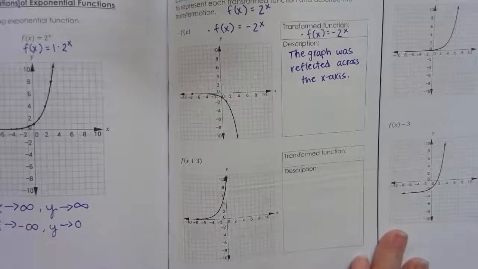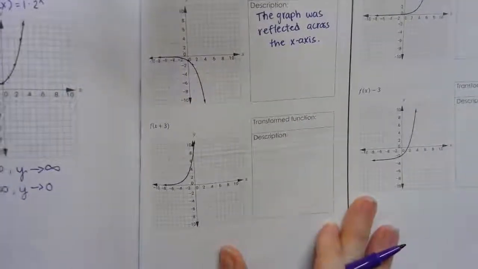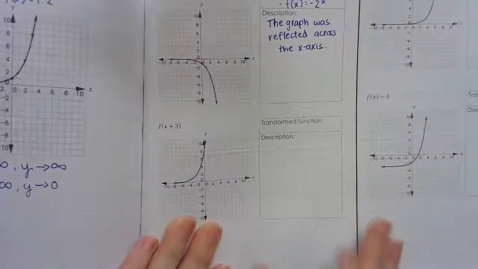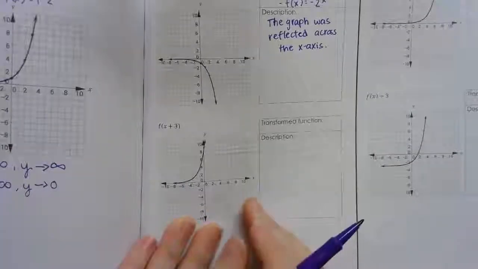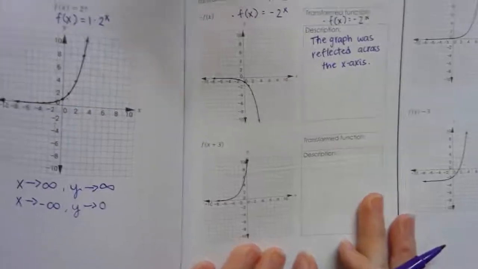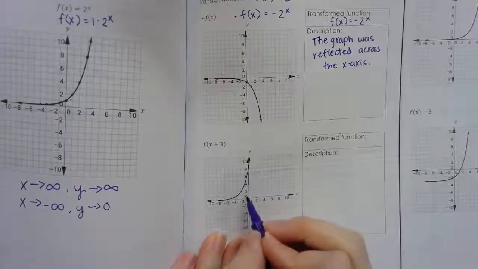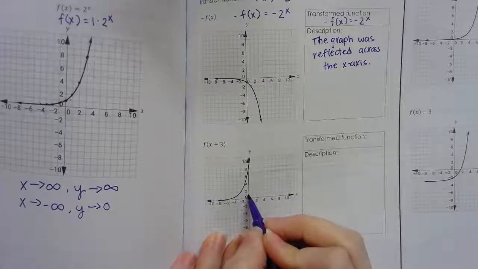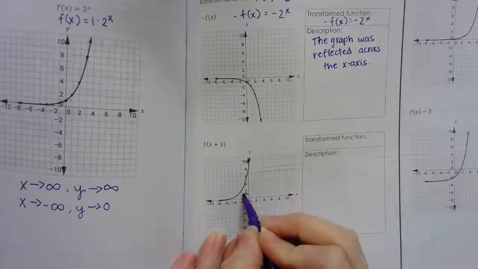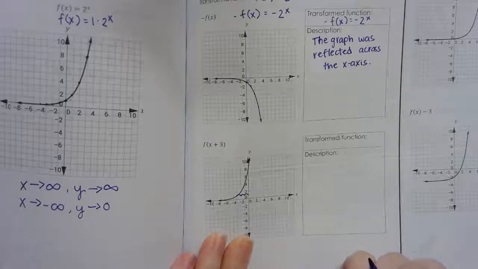Okay? So now let's talk about f of x plus 3. So let's compare this to the original. So it's still facing up. Nothing's changed there. Now, let's check where it was at 1. Okay, it was here. Now it's moved 1, 2, 3 places over. But it hasn't moved to the right.